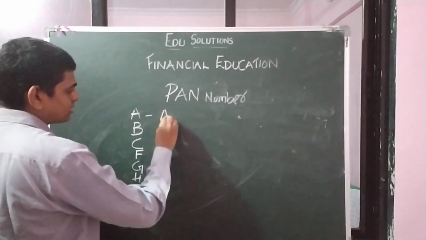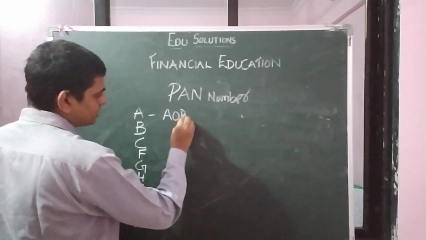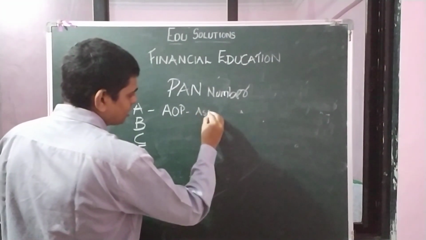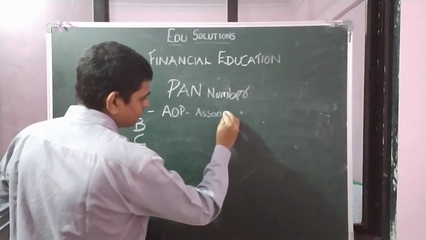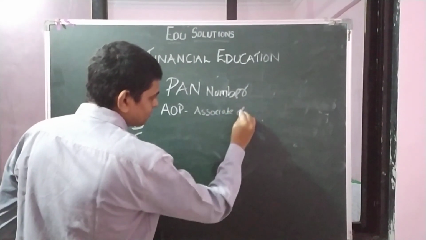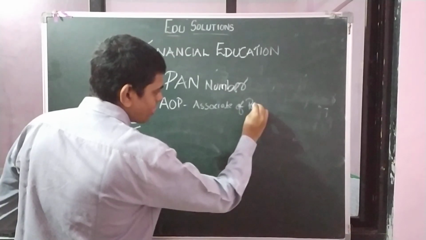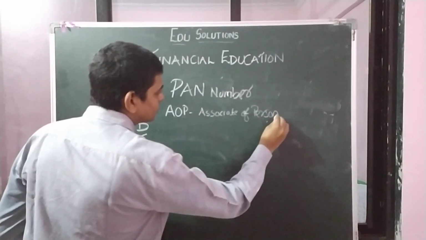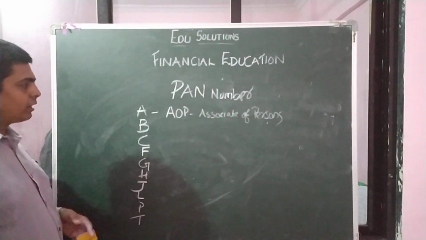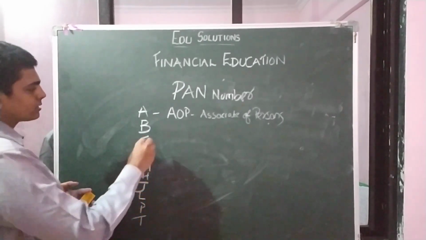A denotes AOP, which is association of persons. So if the 4th character is A, it means it is association of persons.